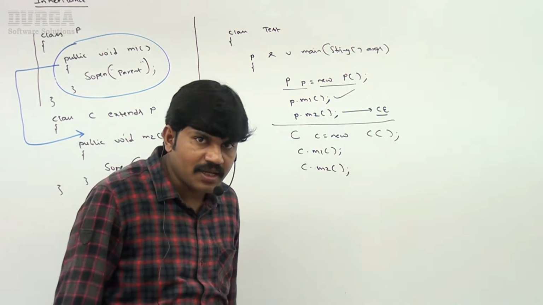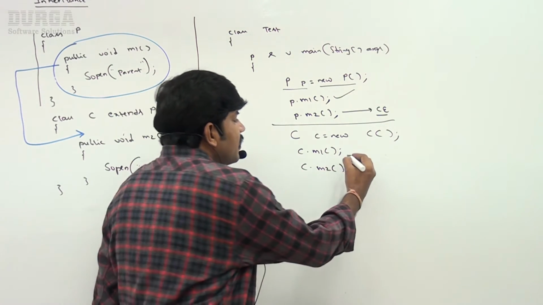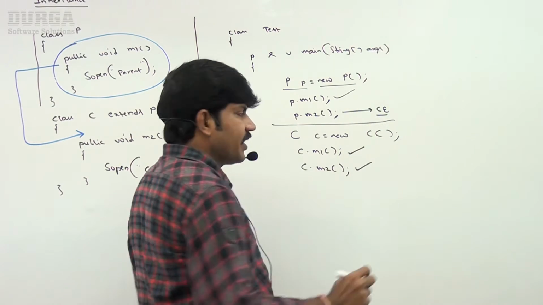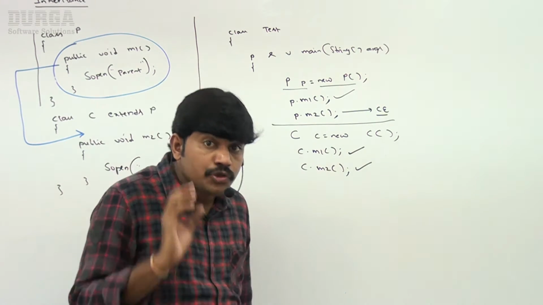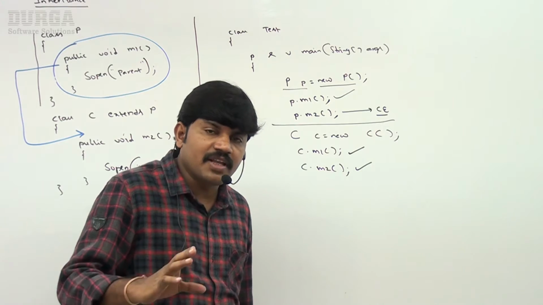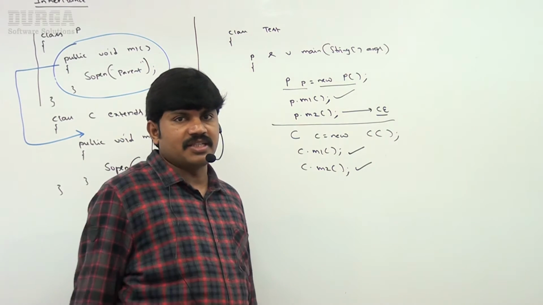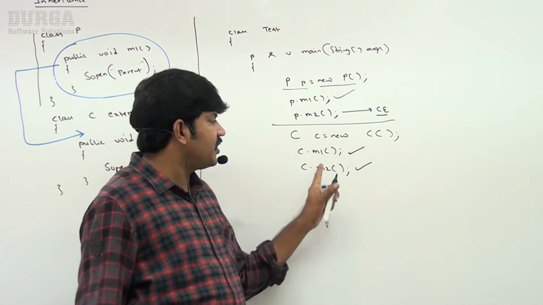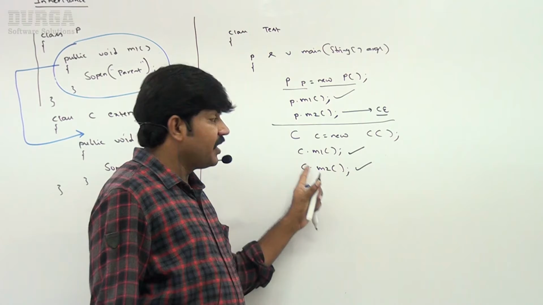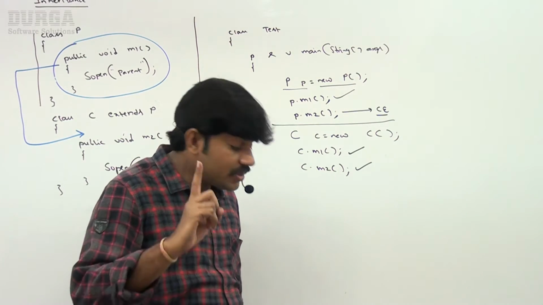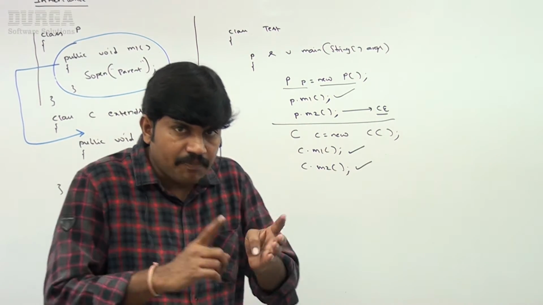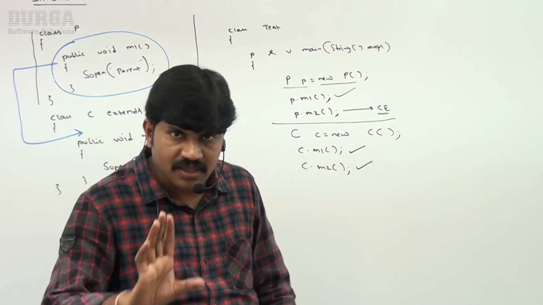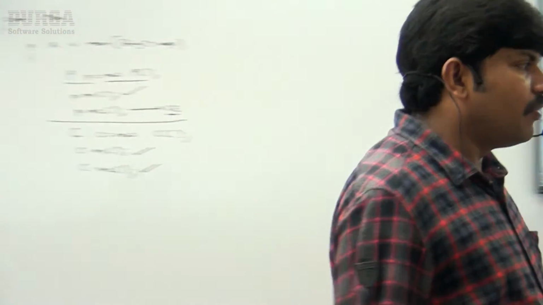These two things are perfectly valid. So on the child class reference, you can call methods available in both the parent and child classes. Parent class methods are by default available to the child, and the child methods are available anyway to the child. Clear, right?